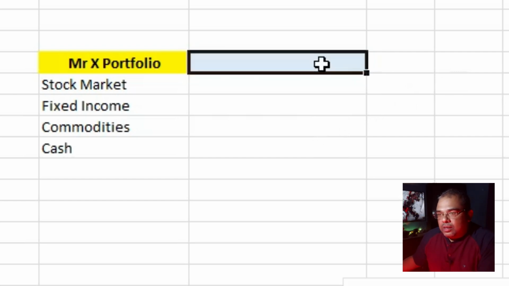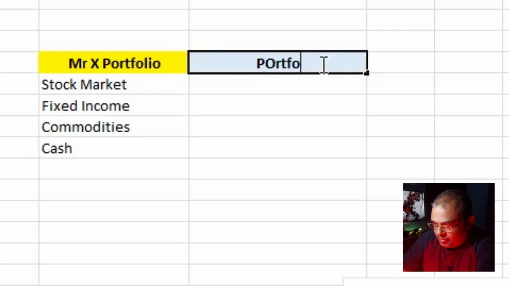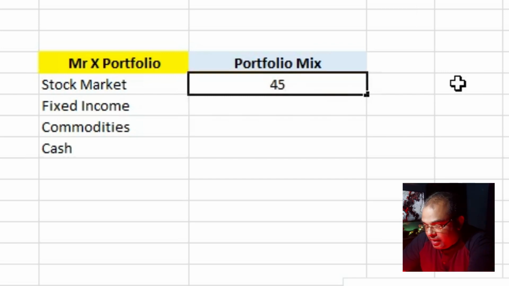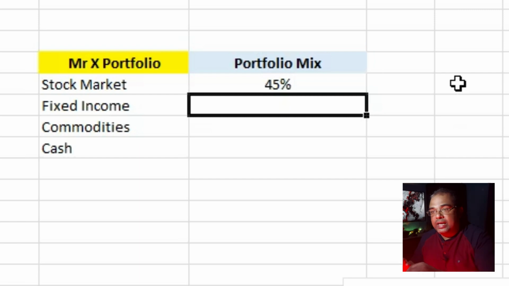So let's say when he is making this portfolio for himself, his portfolio mix stands like this. He puts in 45% into the stock market. Say he is not a huge risk taker, he is a moderate risk person, and so he is constructing a moderate risk portfolio for himself.